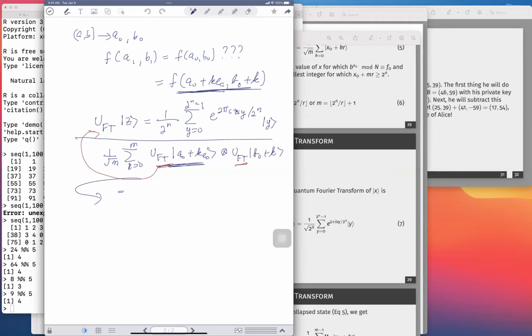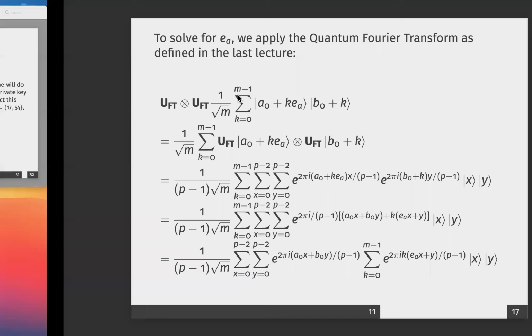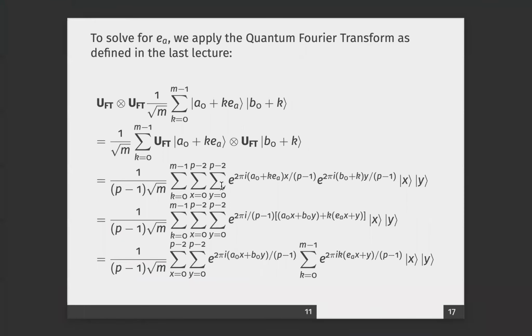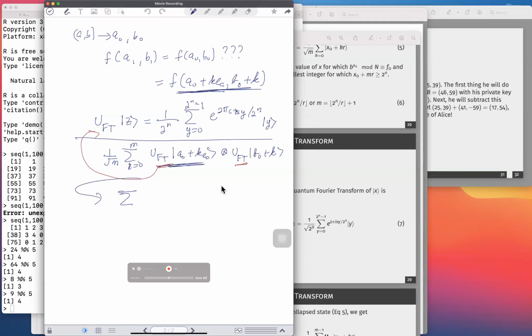Let's do the summation first. Summation of x and y. So summation of x, x equals 0.